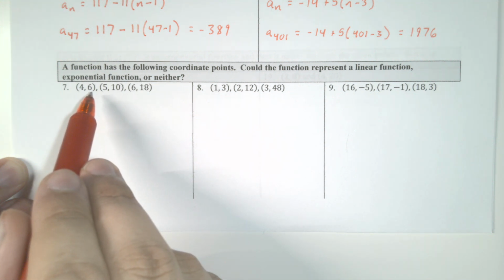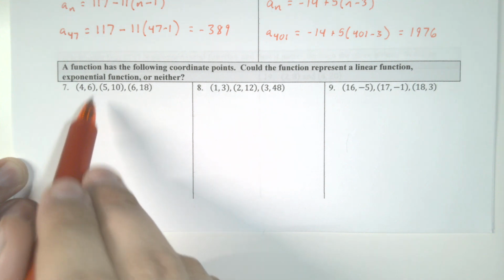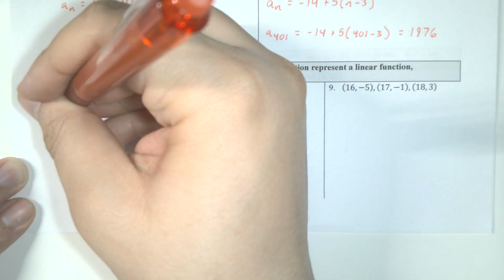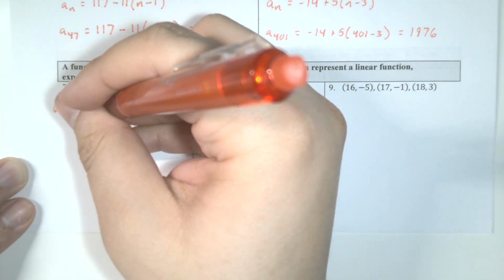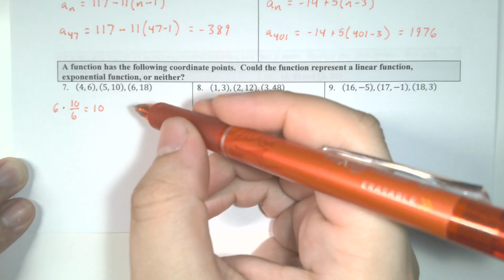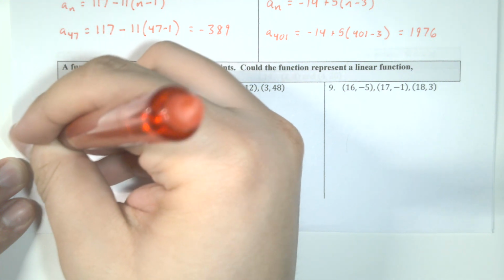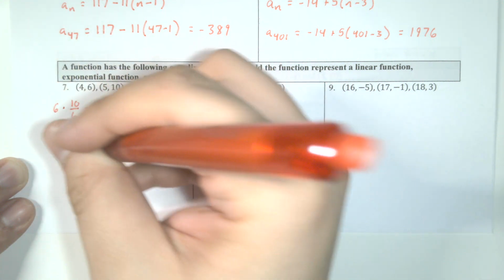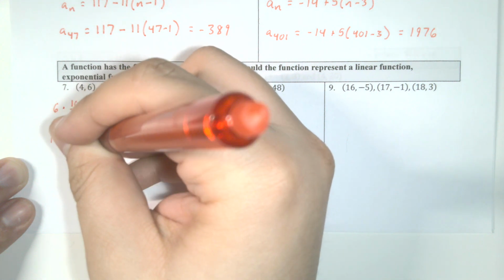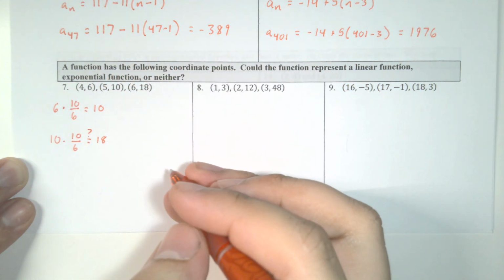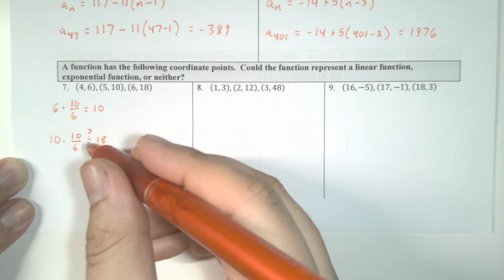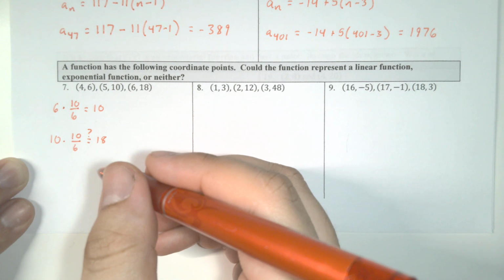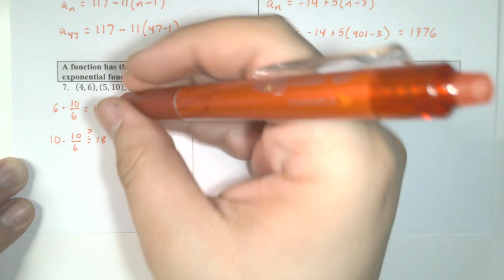Let's see if we're multiplying by some number every time. Well, to get from 6 to 10, we have to multiply by 10 over 6. Now, do we have to multiply 10 by 10 over 6 to get to 18? No, that's not true. So this is neither.